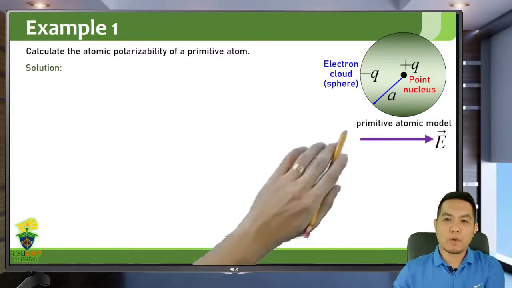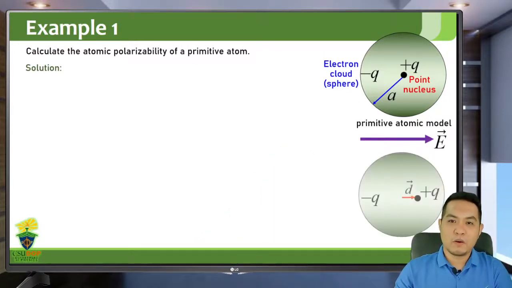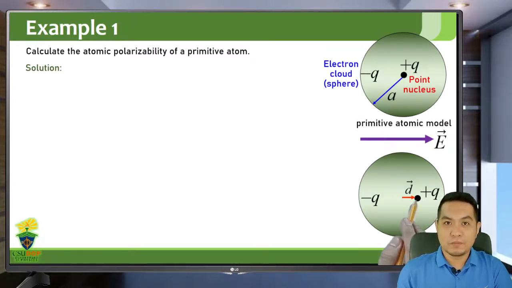When you expose this primitive atom to an external electric field, the point nucleus will be shifted from the center by a distance d.